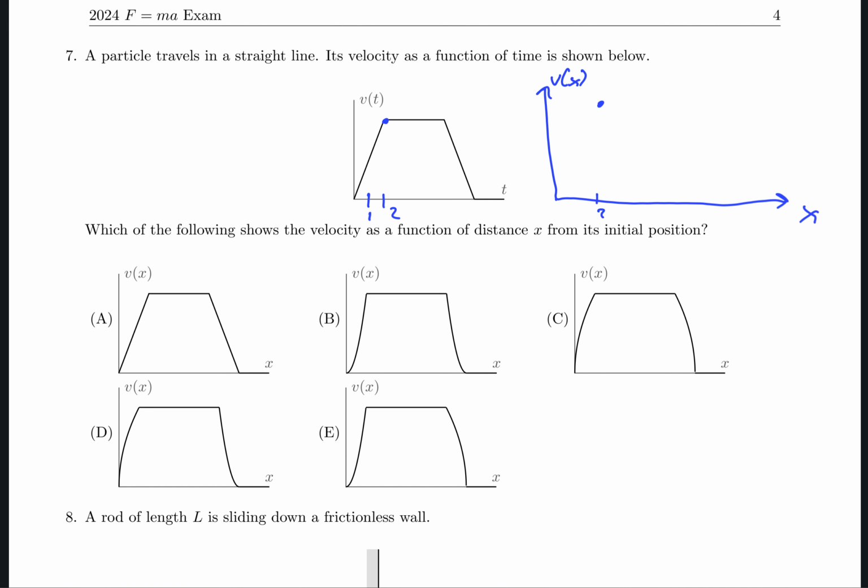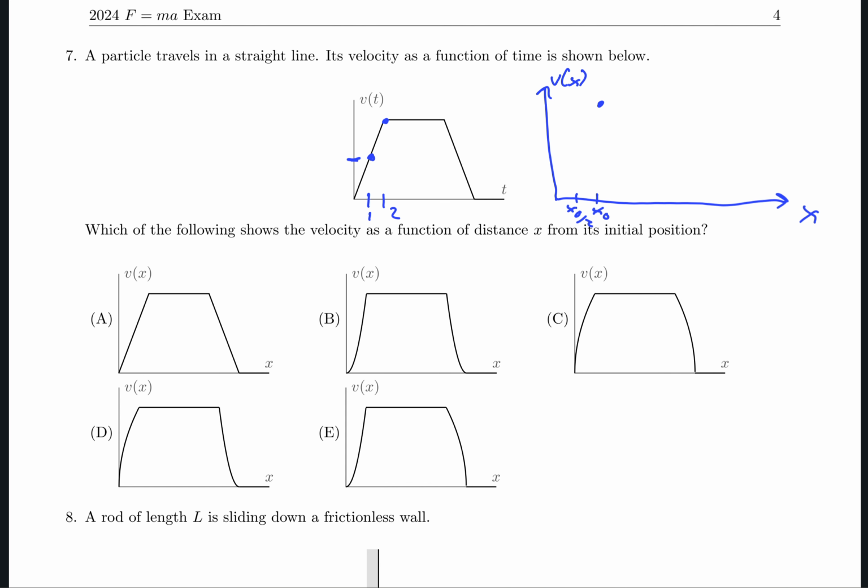So if I've got 2 and 1, I want to know when it'll hit this velocity. Actually, this will be x naught and x naught over 2. So when will it hit this given velocity? Will it be before or after x naught over 2?